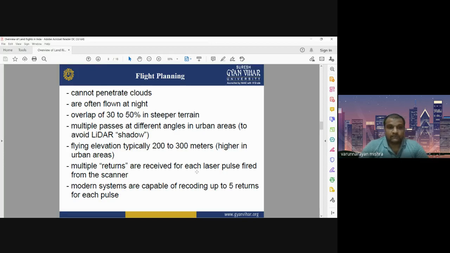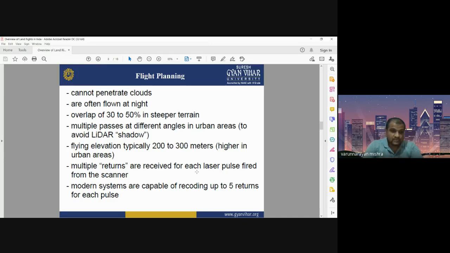The fourth important parameter during flight planning is multiple passes at different angles in urban areas to avoid the lidar shadow. If you are surveying an urban area, there may be very tall buildings, so in that case there may be lidar shadow.